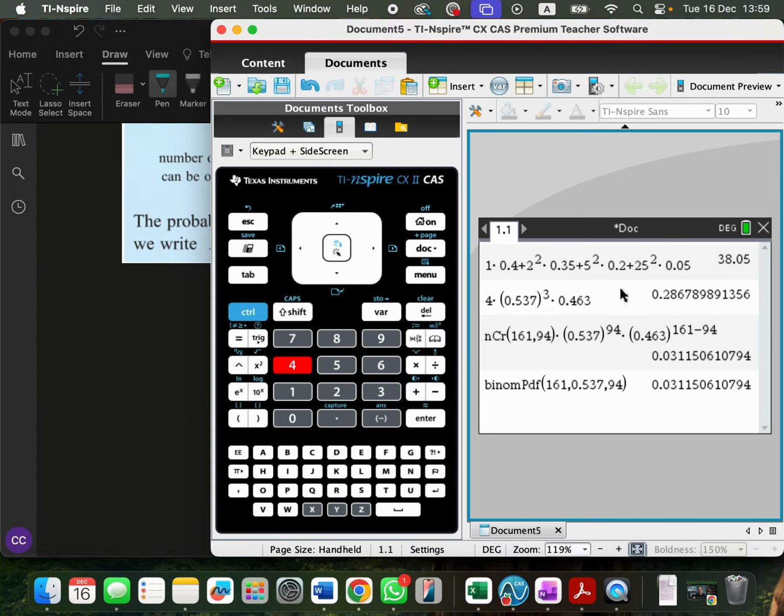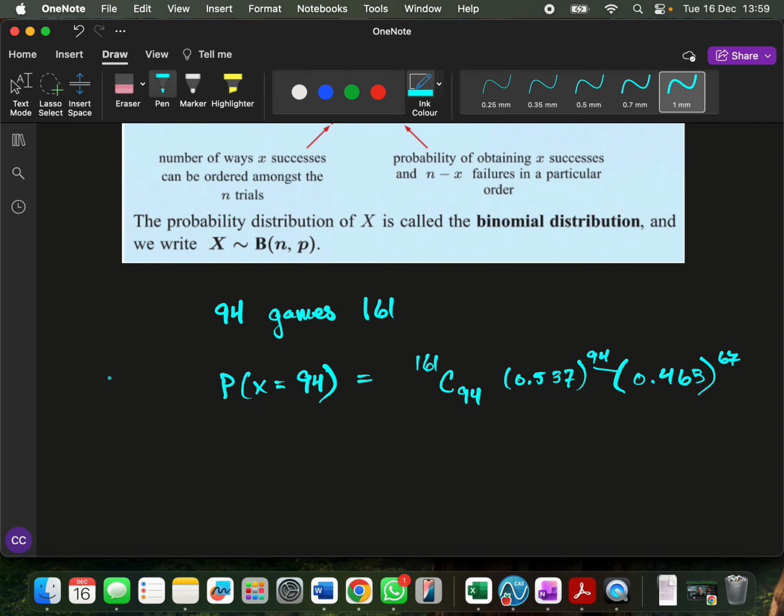Now, if I wanted to know what is the probability that X is greater than or equal to 94, then I would have to take this and add the probability of winning 95 games, and then I'd have to add the probability of winning 96, and keep adding those values together.